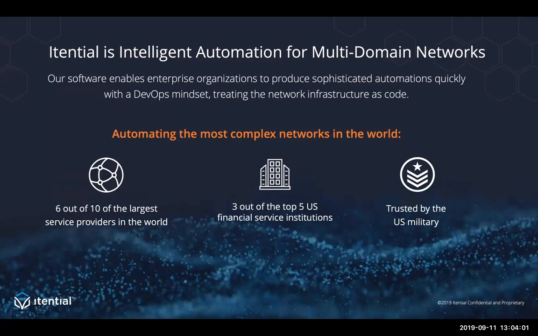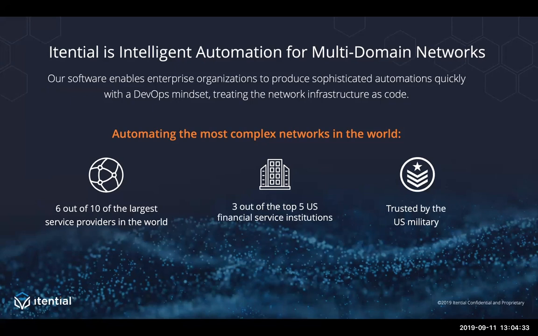So from an Itential standpoint, for those who have not heard of us before, we're focused exclusively on network automation. And how we got started was really around the concept of the management plane within networking beginning to get some investment. So as Stephen talked about at the beginning, the adoption of things like SDN constructs, the adoption of controller concepts into networking domains, the adoption of some orchestration has really changed how we manage networks.